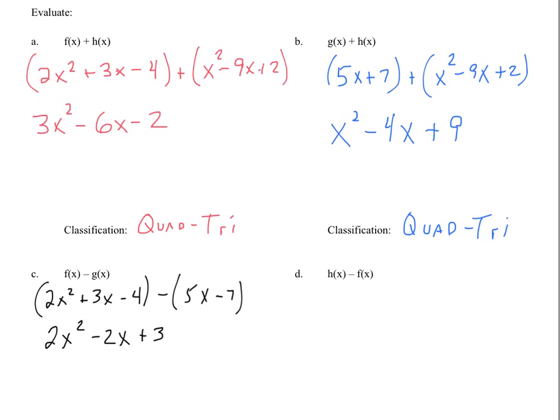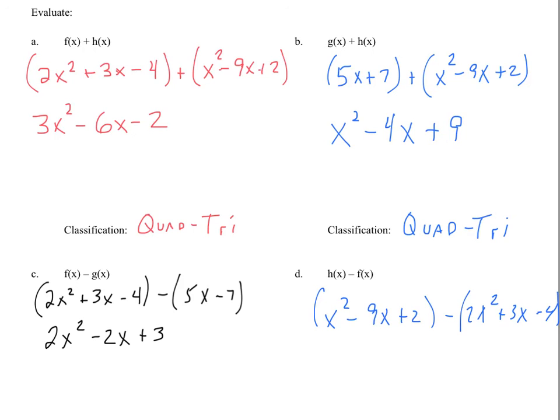H minus f, so that's x squared minus 9x plus 2. And I'm going to subtract f of x, which is 2x squared plus 3x minus 4.